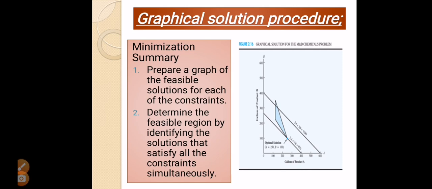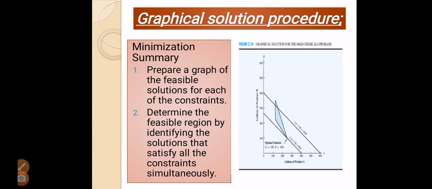Number two is to determine the feasible region by identifying the solution that satisfies all the constraints simultaneously. Then draw a line for the objective function, and move a parallel line toward the smallest objective function line value to get the feasible solution on the objective function.